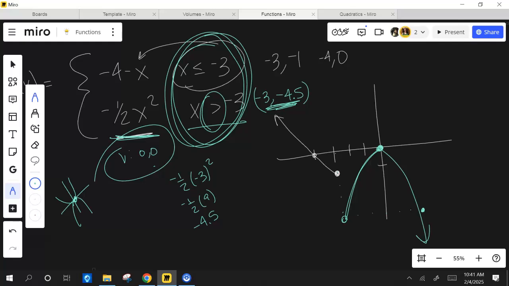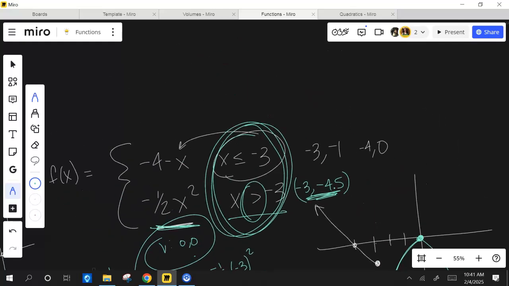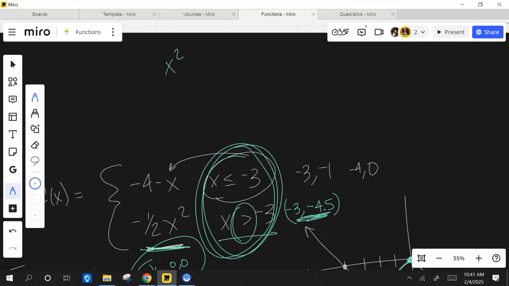I just know that that's my vertex because I know what a quadratic parent graph looks like. For a quadratic parent, if I just have x squared, it's at 0, 0, and it opens up. So what did I do to get from here to here? I flipped it. Well, that's easy. And then I did a vertical shrink, so I made it wider.